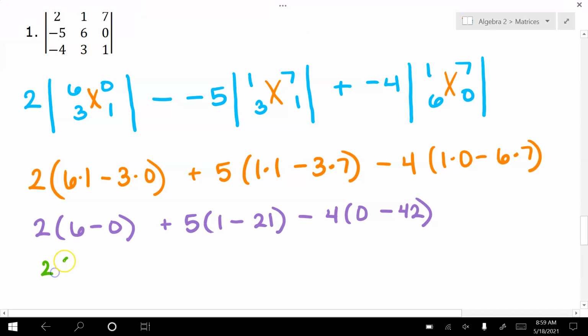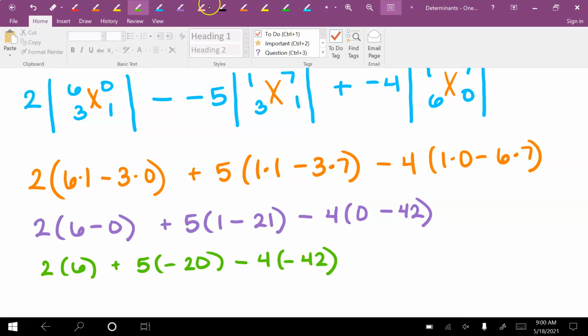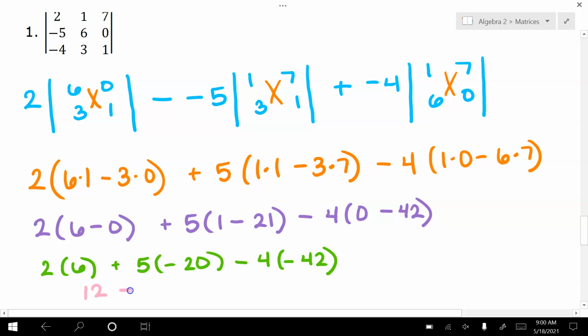So we have 2 times 6 plus 5 times -20 minus 4 times -42. So this is going to be 12 minus 100 and then plus 168. If you double check 12 minus 100 plus 168, you should get 80, just like we did on the previous page.